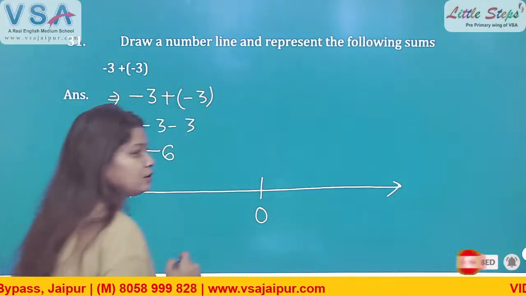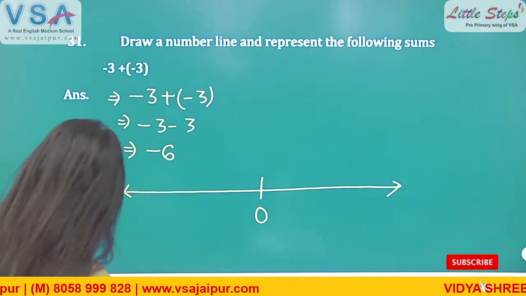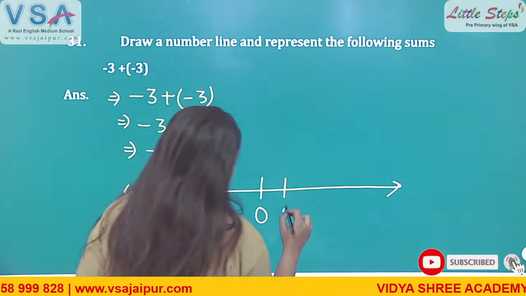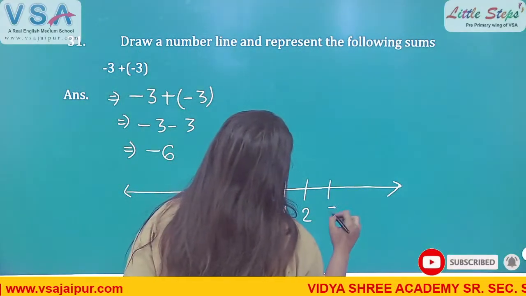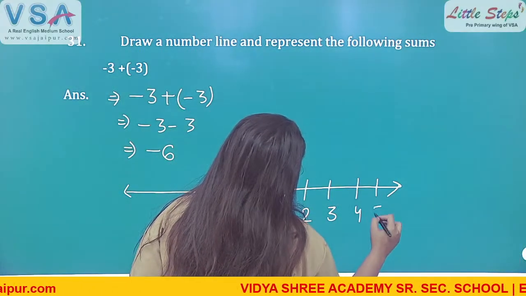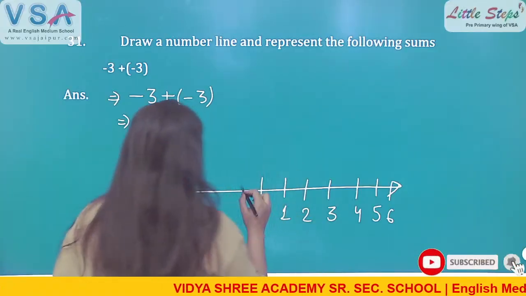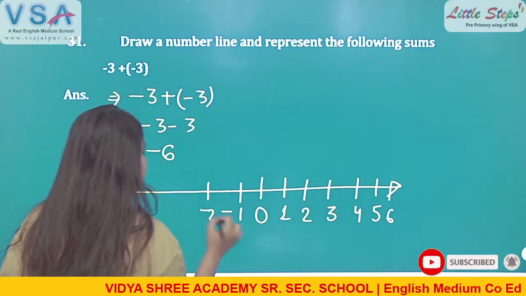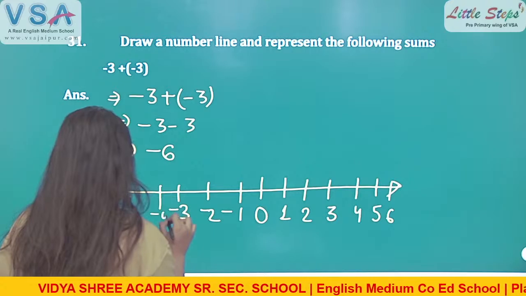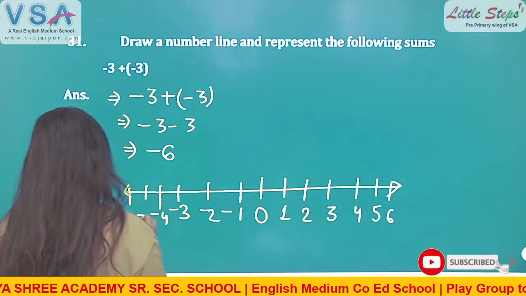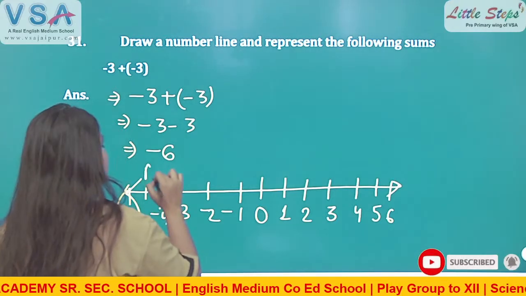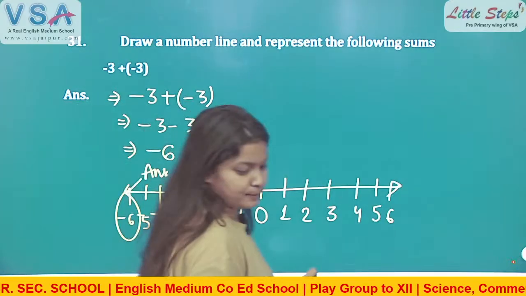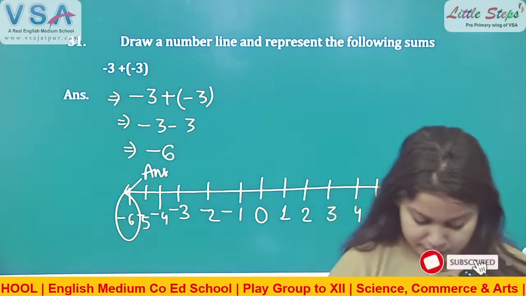We have 0 in the center, and on the right-hand side we have all the positive integers, and on the left side we have all the negative integers. So we have -6, and this is the answer of this question. Clear?